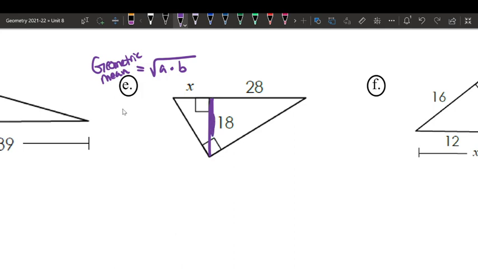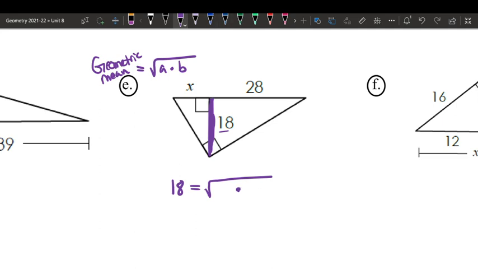So we're looking at this altitude, is what this is called, the perpendicular height of the large triangle, is 18. And that's going to be on the outside. So that's going to be 18 equals. So if your value is either this line or one of the legs of the large triangle, that value goes on the left. Equals the square root of the product of two numbers.